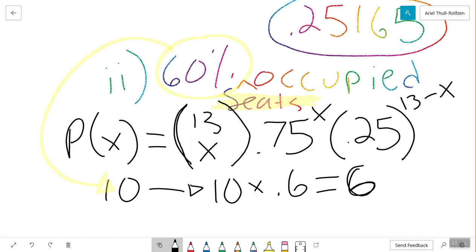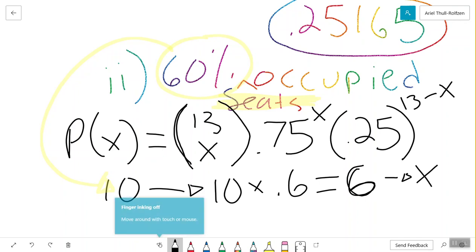The reason why we're taking 10 and multiplying it by 0.6 is what this question is asking: what's the probability that only 60% of the seats are going to be occupied? So we got 6 seats that are going to be occupied, and that 6 is actually going to be our X value.